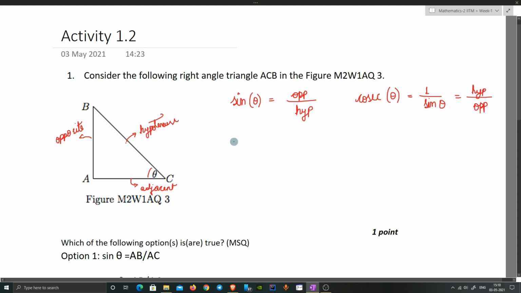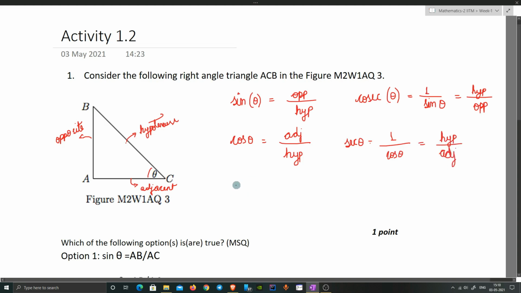Cos theta is given by adjacent side divided by hypotenuse, and secant theta is 1 by cos, that is hypotenuse divided by adjacent side.